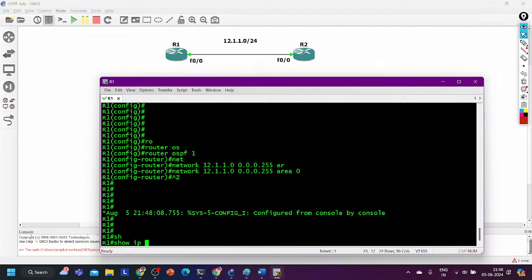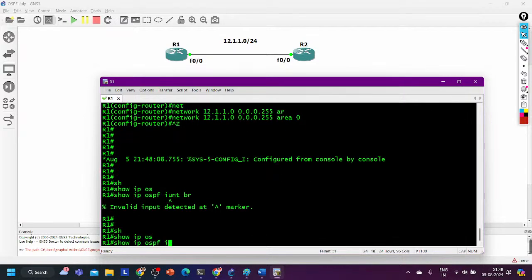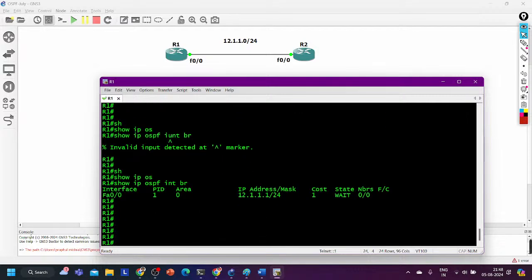Now show IP OSPF interface brief. You can see OSPF is enabled on which interface? On FastEthernet 0/0, and the state is waiting.